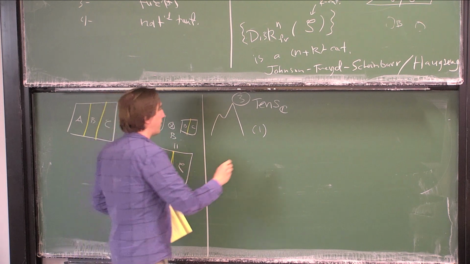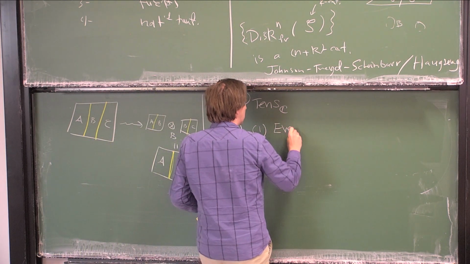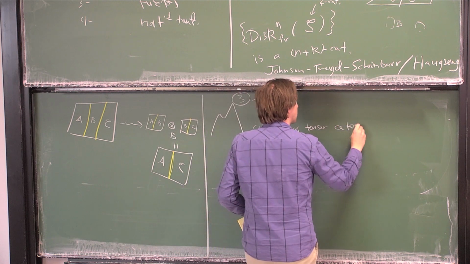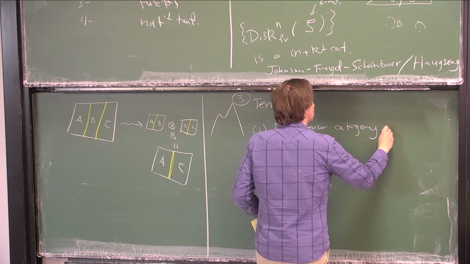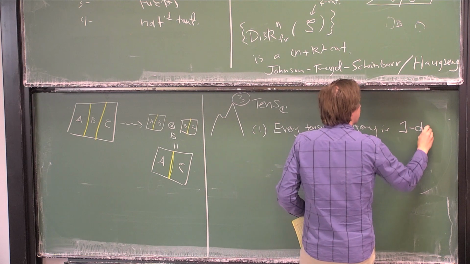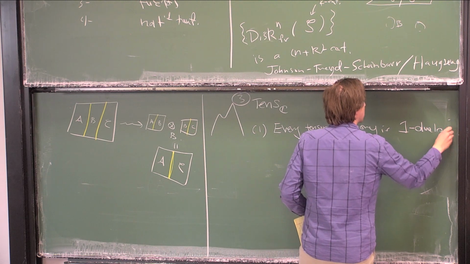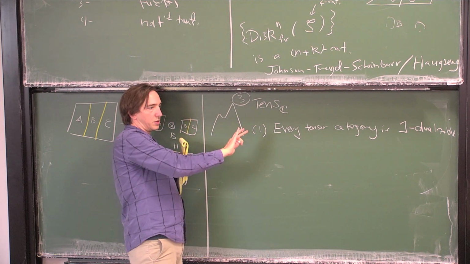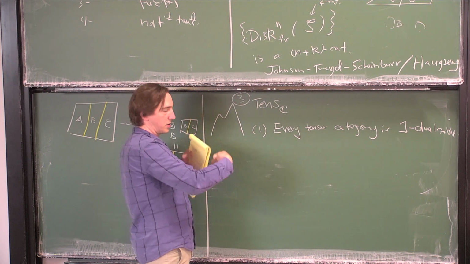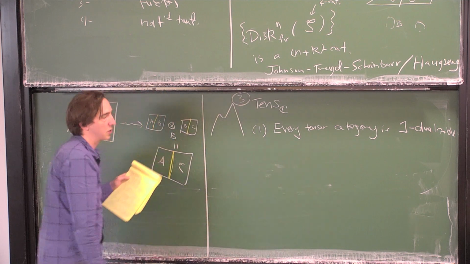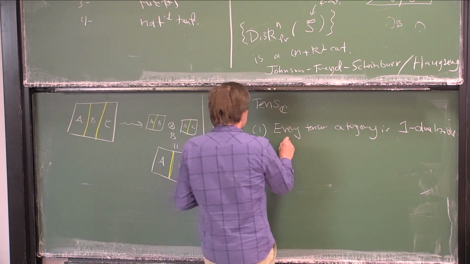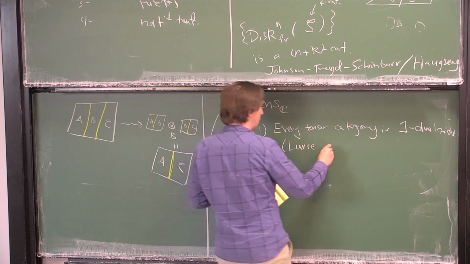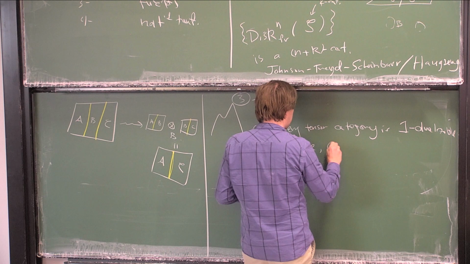Every tensor category is 1-dualizable. And of course it is, because we know what its dual is. It will be the opposite monoidal structure, the opposite tensor category, and you'll have the same bimodule. It's the same story. So that's due to Lurie. But I'm going to go ahead now and also mention Gwilliam-Scheinbauer.